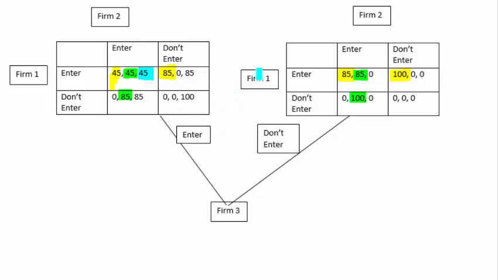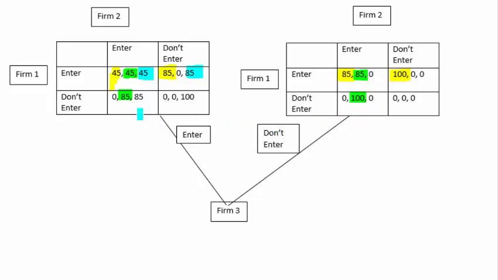So if firm 1 decided to enter and firm 2 decided to not enter, firm 3 would decide between this 85 and this 0. And as 85 is the bigger number, firm 3 would decide to enter. If firm 1 decided to not enter and firm 2 decided to enter, firm 3 would decide between this 85 and this 0.